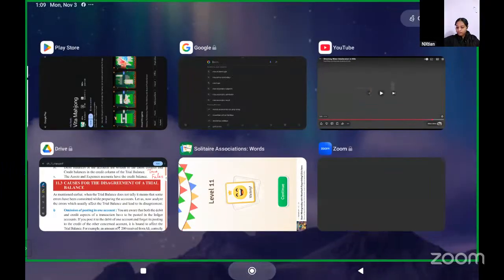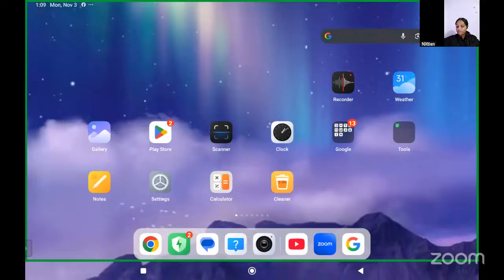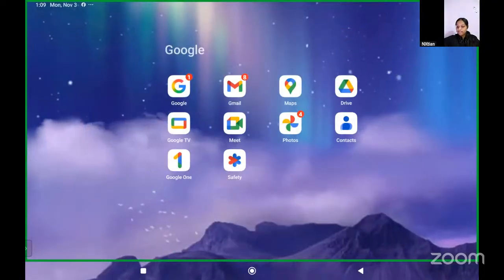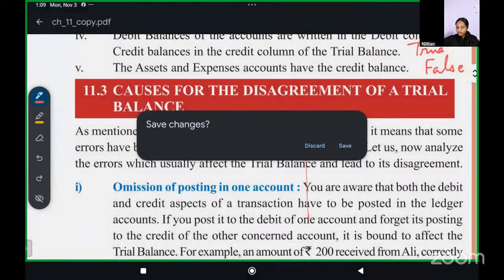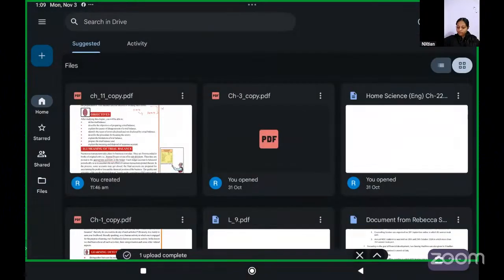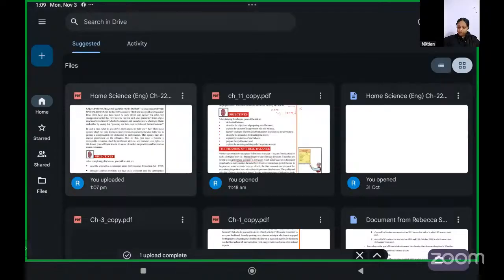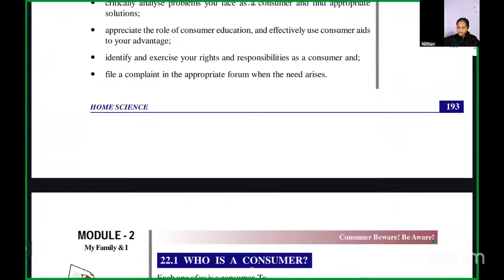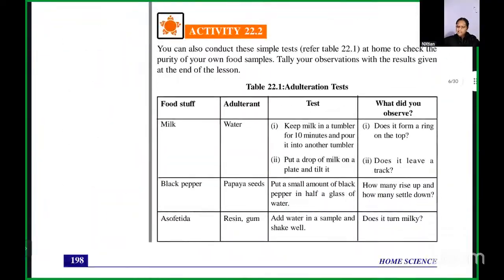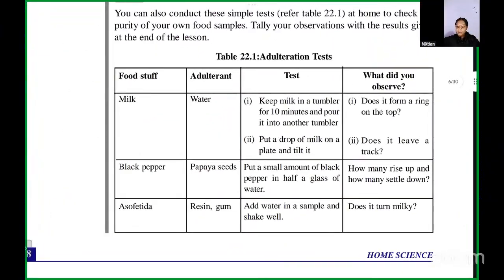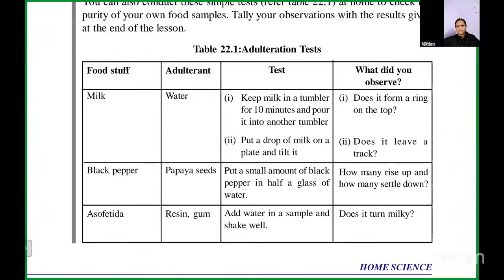Now, I'll just open your chapter and we will see the remaining tests. The next one that we have is black pepper.